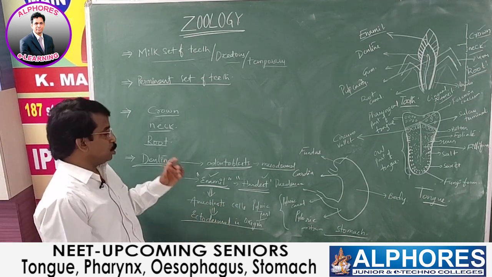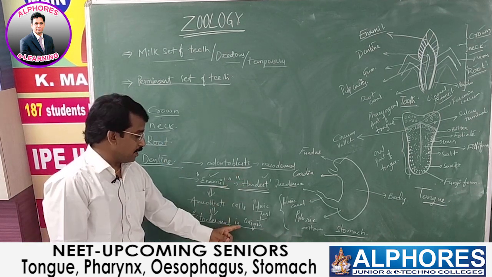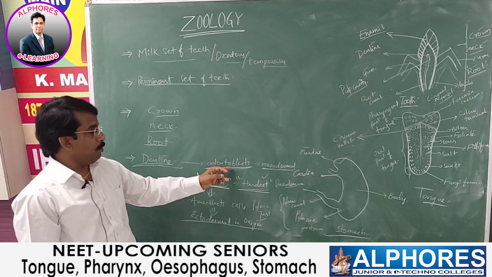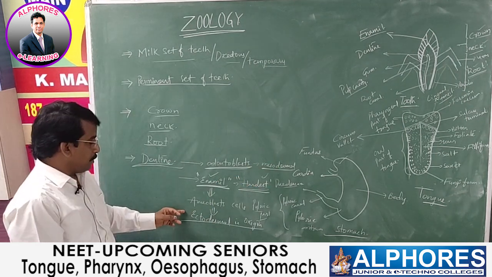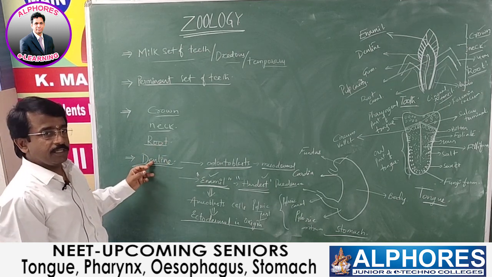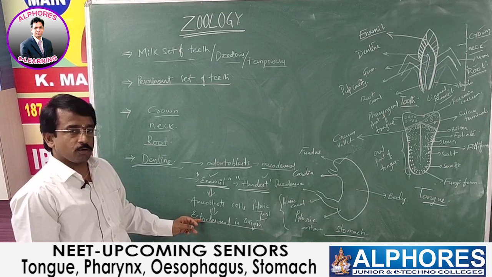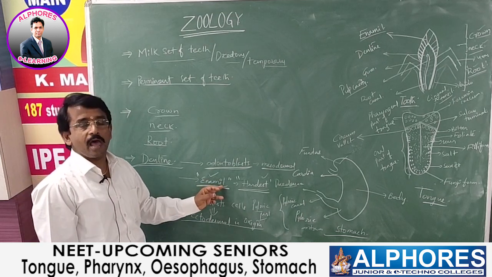It indicates the tooth contains cells of both mesodermal and ectodermal origin. Odontoblast cells secrete the dentine, and the ameloblast cells, which are ectodermal in origin, secrete the enamel.